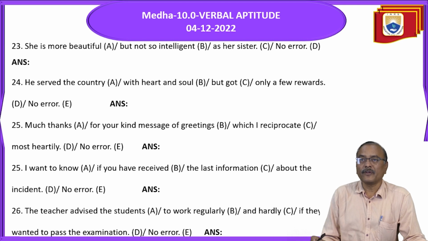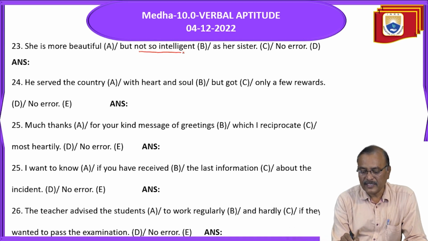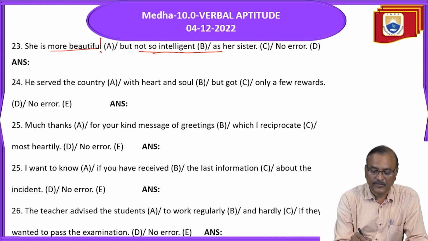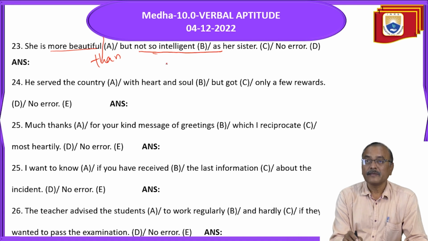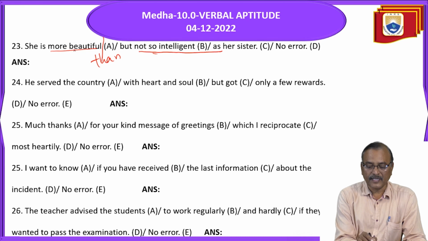She is more beautiful but not so intelligent as her sister. "Not so intelligent as", this part is okay. "More beautiful" is a comparative. This comparative should be followed by "than": more beautiful than. She is more beautiful than, but not so intelligent as her sister. The comparative degree here, "more beautiful", should be followed by "than".